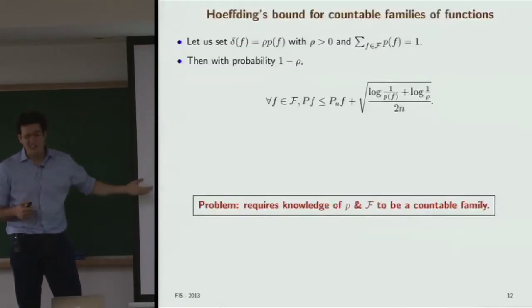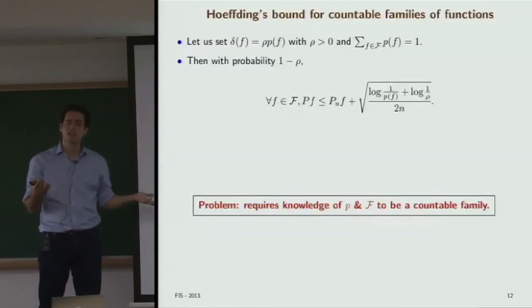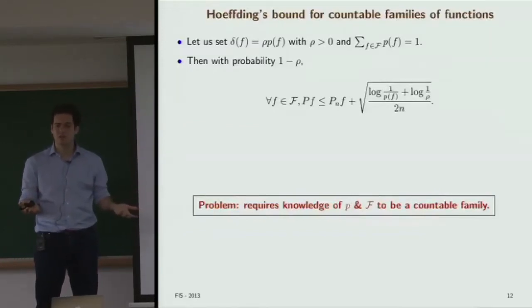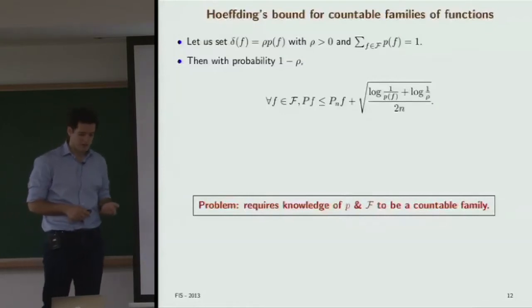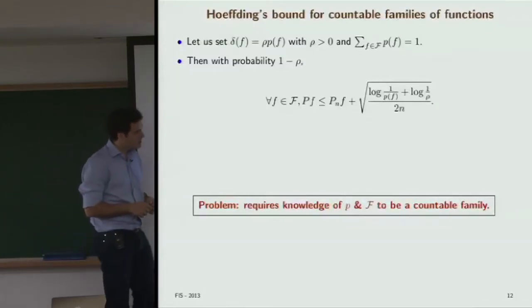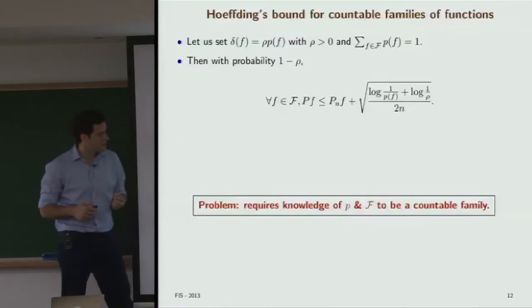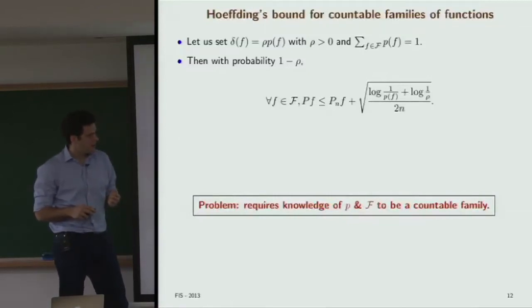And the other thing is that still it's not exactly what we want, right? If you just think about hyperplane classification, the set of hyperplanes is not exactly a countable set, right? It's just a continuous set. So we start seeing that when you start going into infinite sets of functions, you need to define weights somehow, and that's a bottleneck.